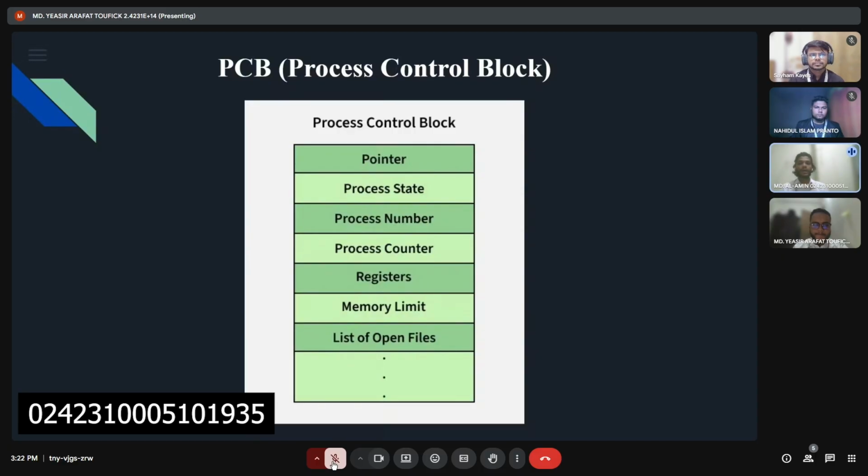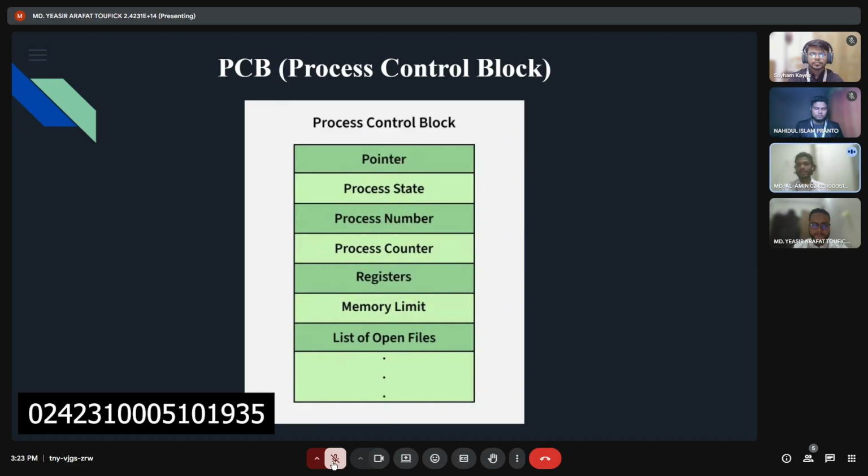So here we have PID, the process ID. It is a unique identifier of the process. Second is the program counter. It holds the next instruction which will be executed.